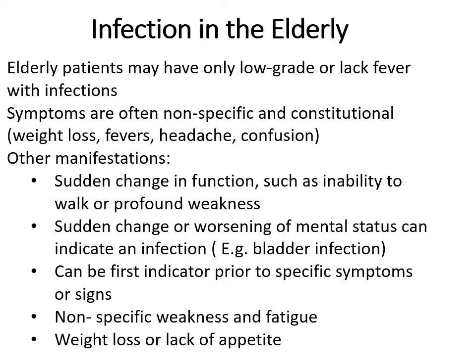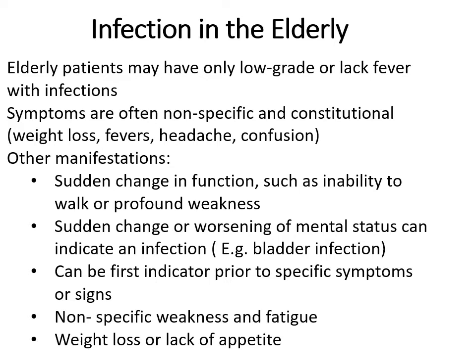Okay, so let's use the urinary system as an example. Somebody who comes in with painful urination, frequency of urination, maybe some back pain because they have a pyelonephritis, so they have flank pain. When you have a kidney infection, you get flank pain. That may not occur with elderly patients.